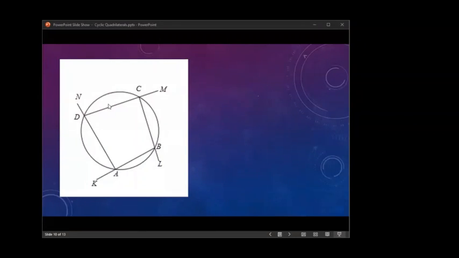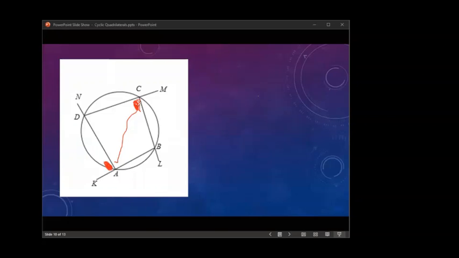So we have a cyclic quadrilateral ABCD, and if all the sides are produced, so if we consider any so formed exterior angle like this, the theorem says this angle is equal to the interior opposite angle of that quadrilateral.